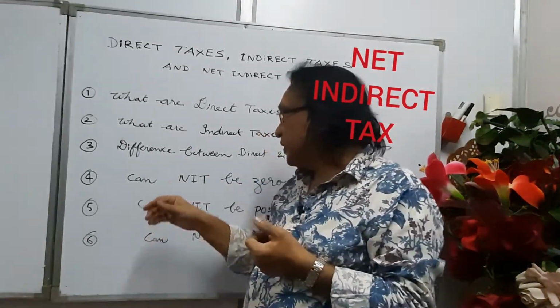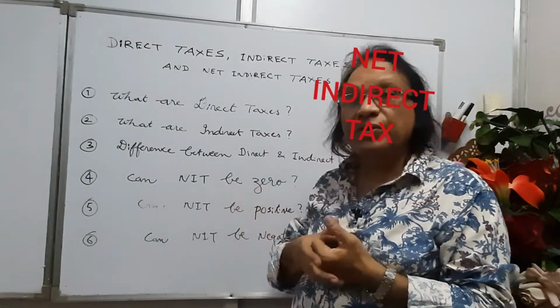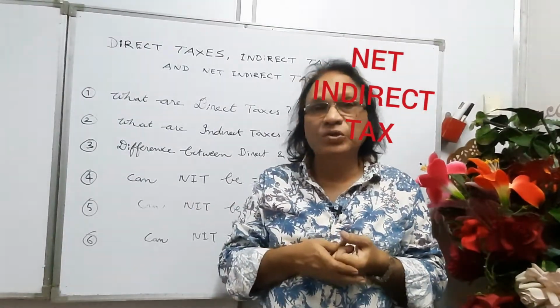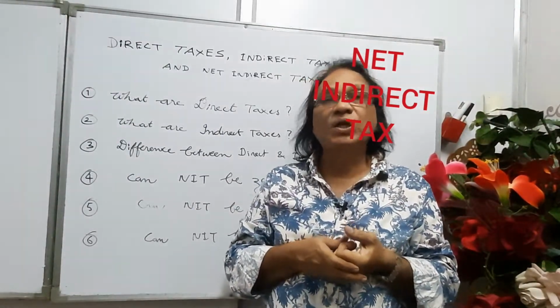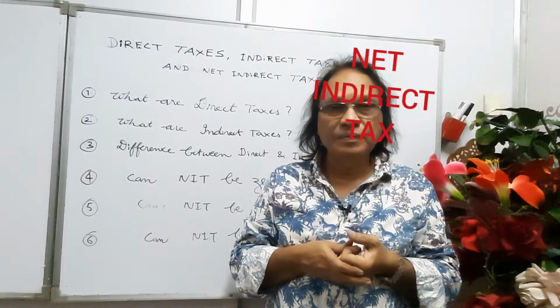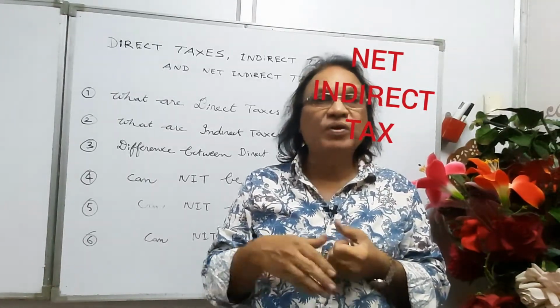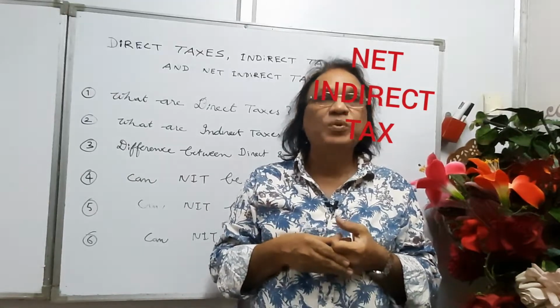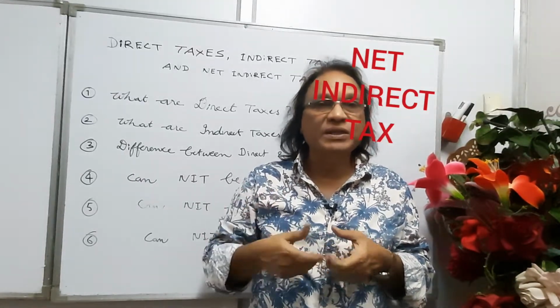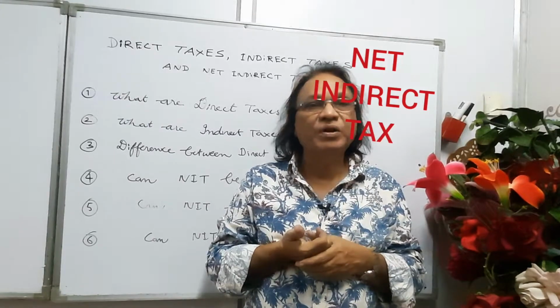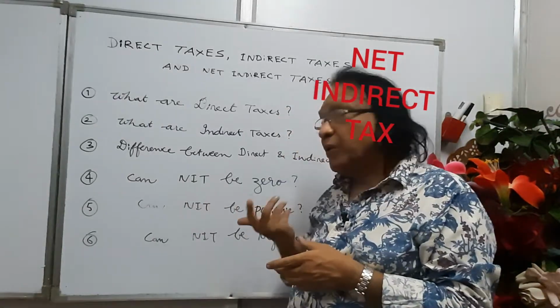Now they can ask you, can NIT be zero? Yes, NIT can be zero when indirect taxes are equal to subsidies. Suppose the government has imposed 5% tax and the government has given you 5% subsidies, NIT will be zero. Can NIT be positive?